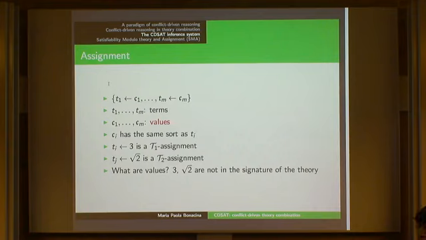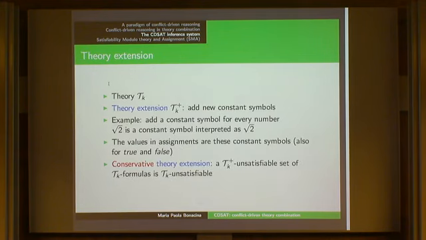Now, a point to be clarified, to be formal, to be proper, is that these numbers I'm using, for example, 3 or square root of 2, are not really symbols in the signature of the theory. So technically, we need what is called a theory extension, where we add new constant symbols to represent the values in the domains. This is actually standard practice in logic to build models.